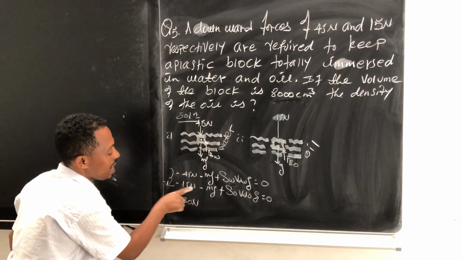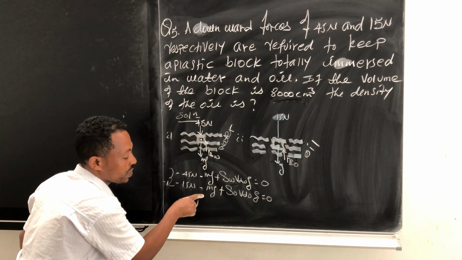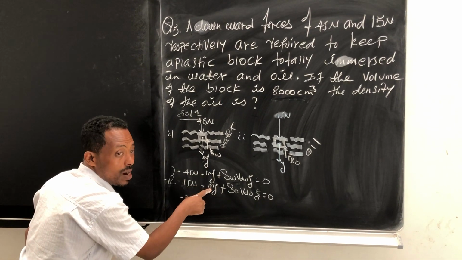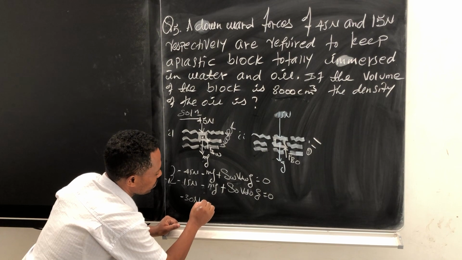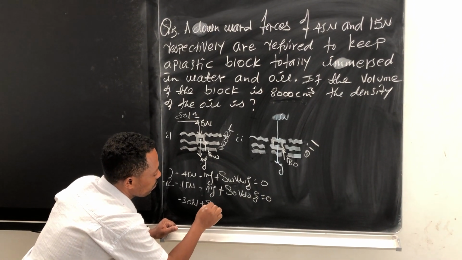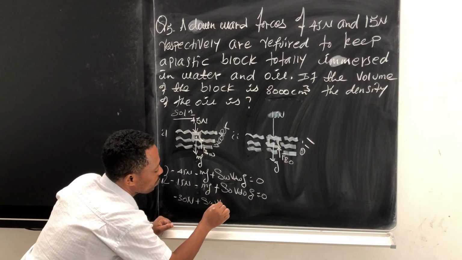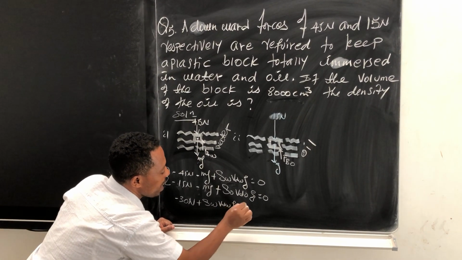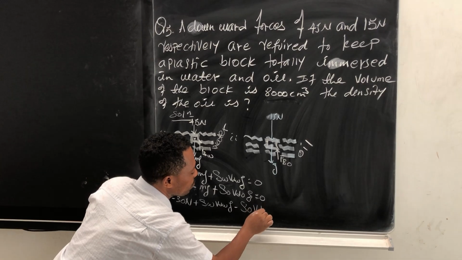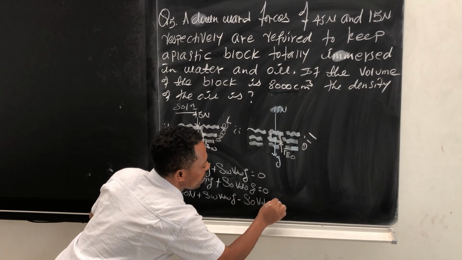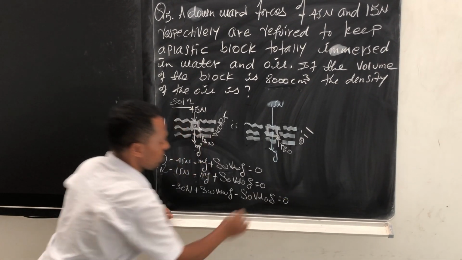Negative 1 times negative mg becomes positive mg, and it sums up to 0. It becomes the density of the water times the volume of the displaced water times g minus the density of the oil times the volume of the displaced oil times g, which is equal to 0.